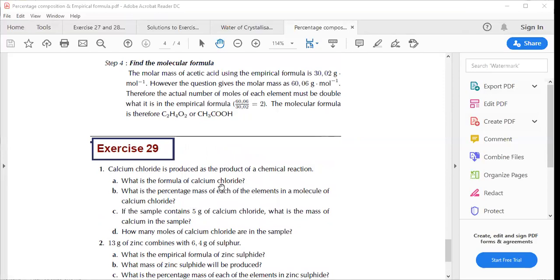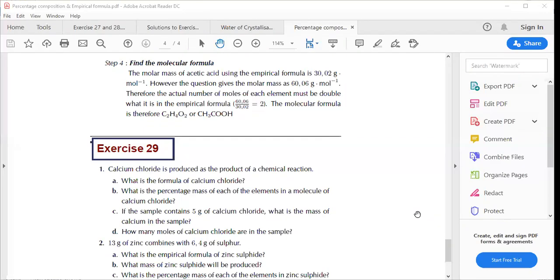It says calcium chloride is produced as the product of a chemical reaction. A, what is the formula of calcium chloride? What is the answer? Calcium chloride, CaCl2.